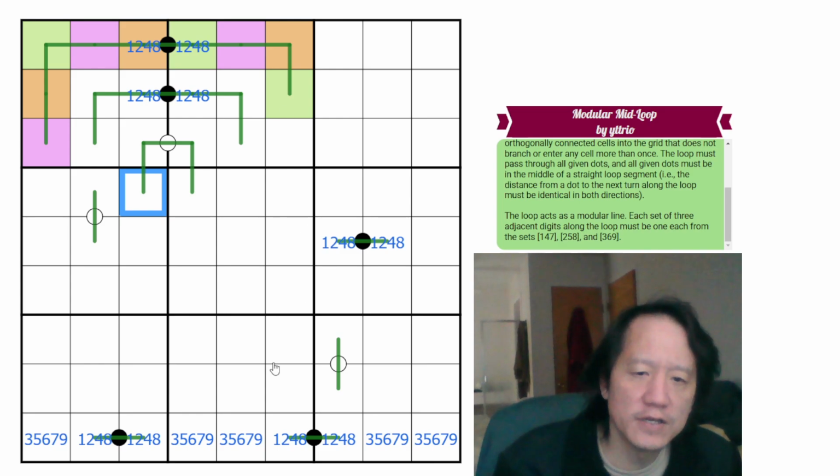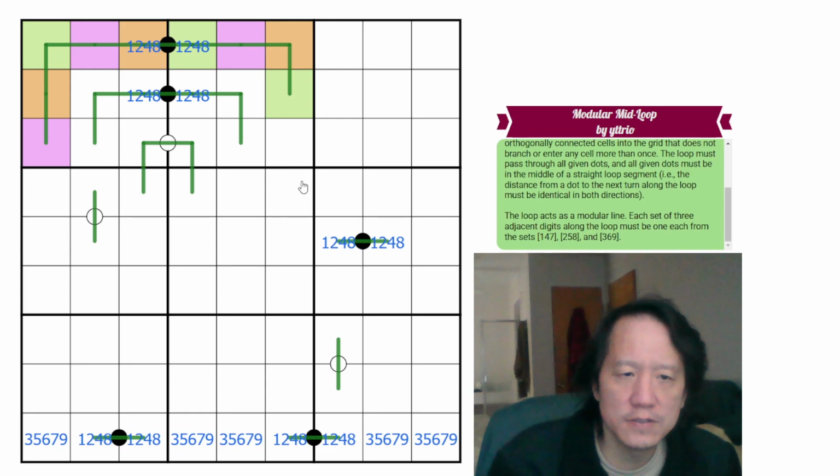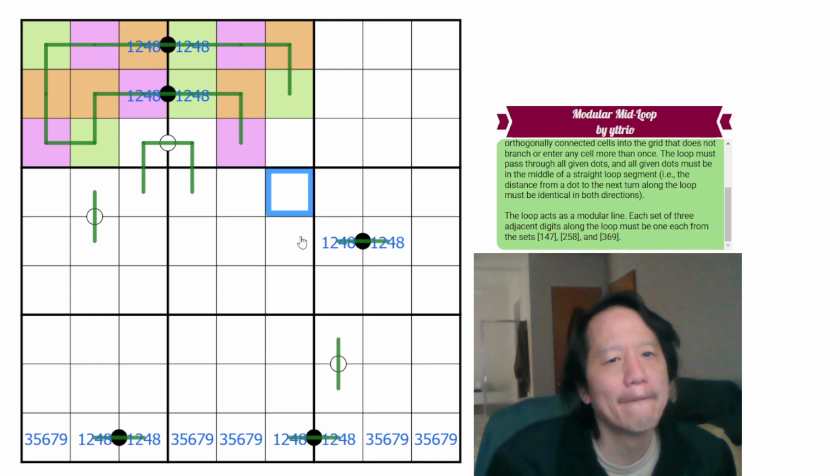What happens if it connects this way, if that's the case? Then this becomes green. This is orange. This would then be pink. Right? Every third. Yeah, every third. So this would be green, orange, and pink.